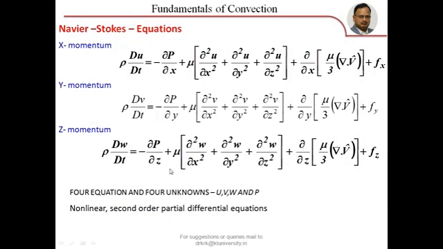Now you have one continuity equation and three momentum equations with unknowns u, v, w and p, and you can solve these four equations to get the velocity variation and the pressure distribution. These equations are nonlinear, second order partial differential equations. Solution of this is very tedious. Even today, to get the exact solution, people are still doing research.